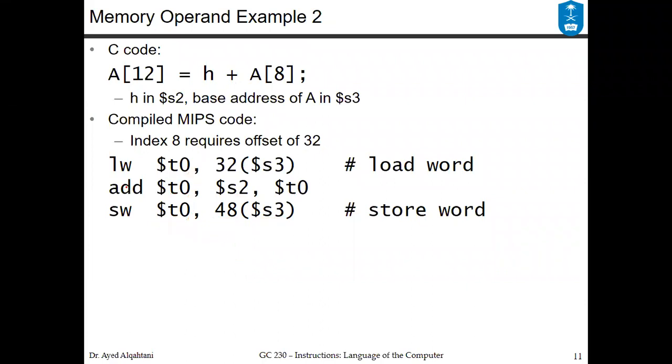So basically, in the load, you get the location. Once you get the base and the offset, you read from the memory into the register. In the store, same thing. You prepare the location by knowing the base and the offset, and then you take the value and store it inside the memory.